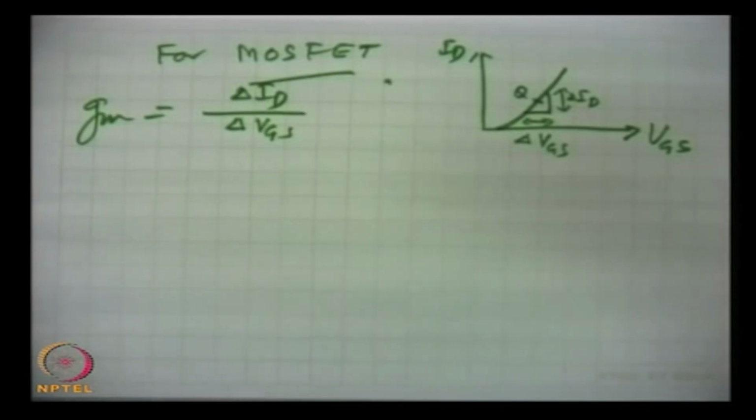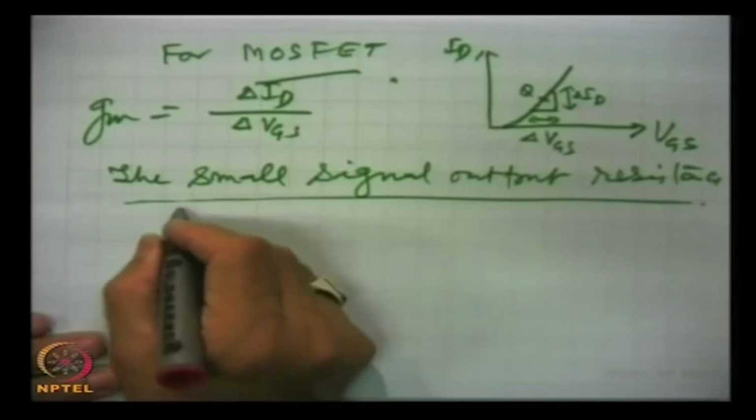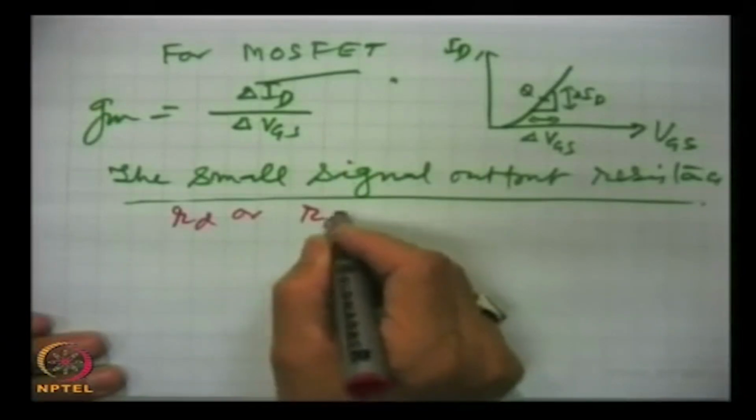The another small signal parameter which we require is the small signal output resistance. It is written as either RD or as RDS.